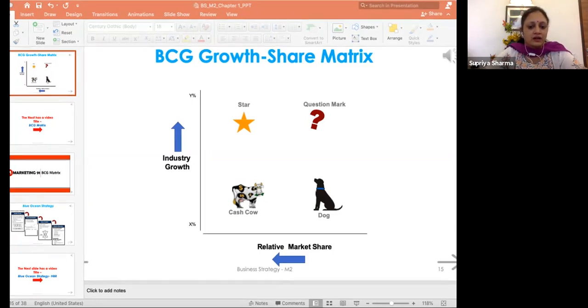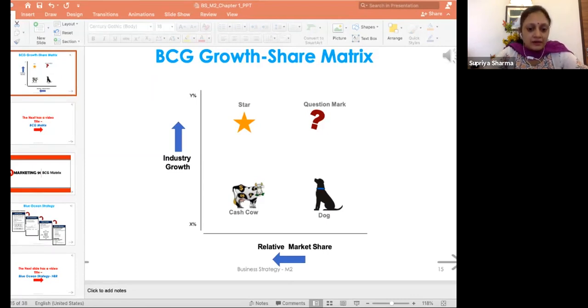All these are different products. They are different children of Britannia. And each one will have a different and a distinct market strategy. And they will somewhere lie on this BCG matrix. So now we are going to see how this BCG matrix works.